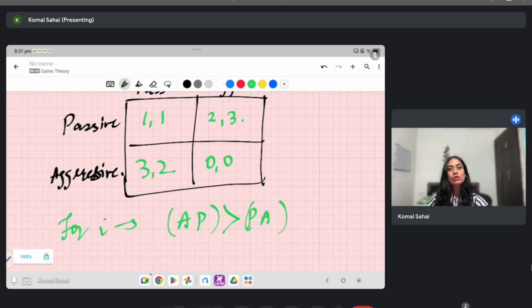So it's not like when both are fighting one can win. When both are fighting, both lose, both have heavy losses, right? So if the other person is already aggressive, then you prefer passivity.